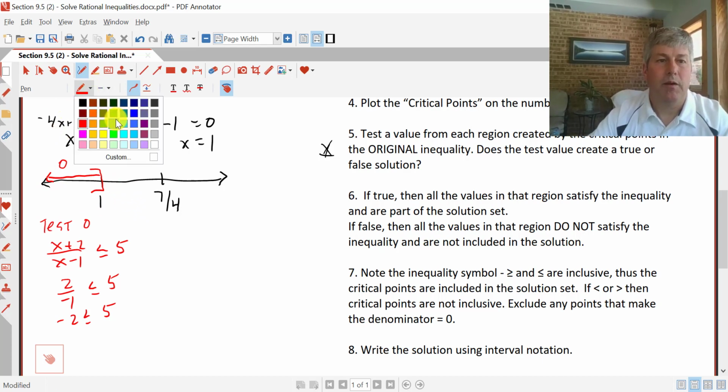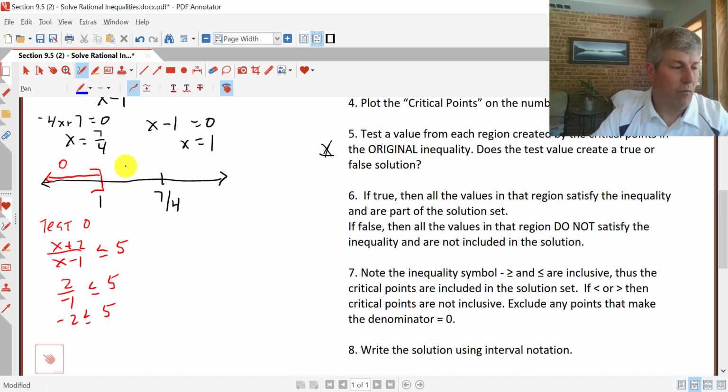Now I have to test something between 1 and 7/4. I'm going to test 3/2, or 1.5. So if I test 3/2, I will get (3/2 + 2), or 7/2, over (3/2 - 1) is less than or equal to 5.